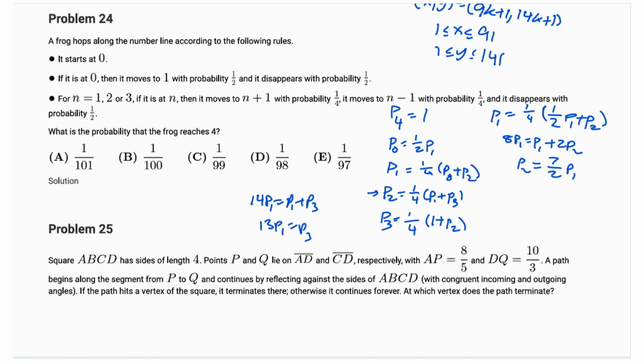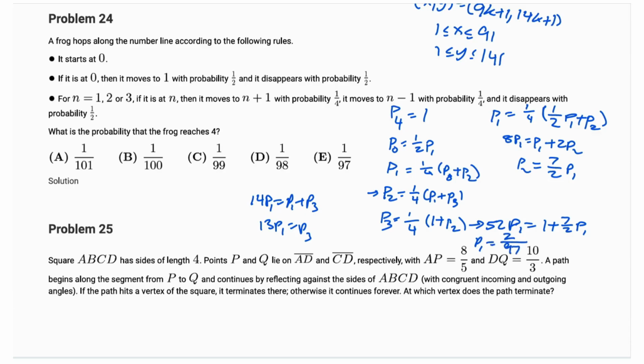And finally, for the last equation, we have 4 times P3 is equal to 1 plus P2. And 4 times P3 is 52P1, which is equal to 1 plus P2, and P2 is 7 over 2 P1. So if we isolate for P1, we get that 97 over 2 P1 is equal to 1, and so P1 is equal to 2 over 97.